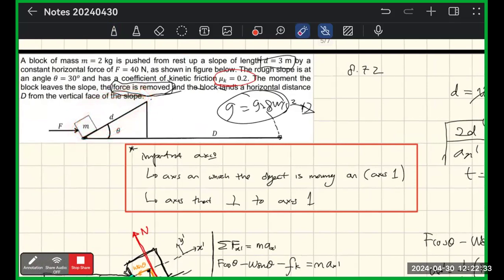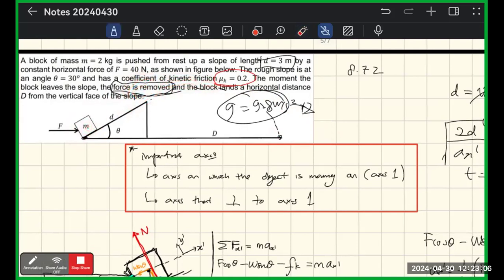We have two phenomena: the one that takes m up the slope, and the second is where this block is going on a parabolic motion. From the first phenomenon, we'll get the final condition of this block, which will be the initial condition for the second phenomenon.